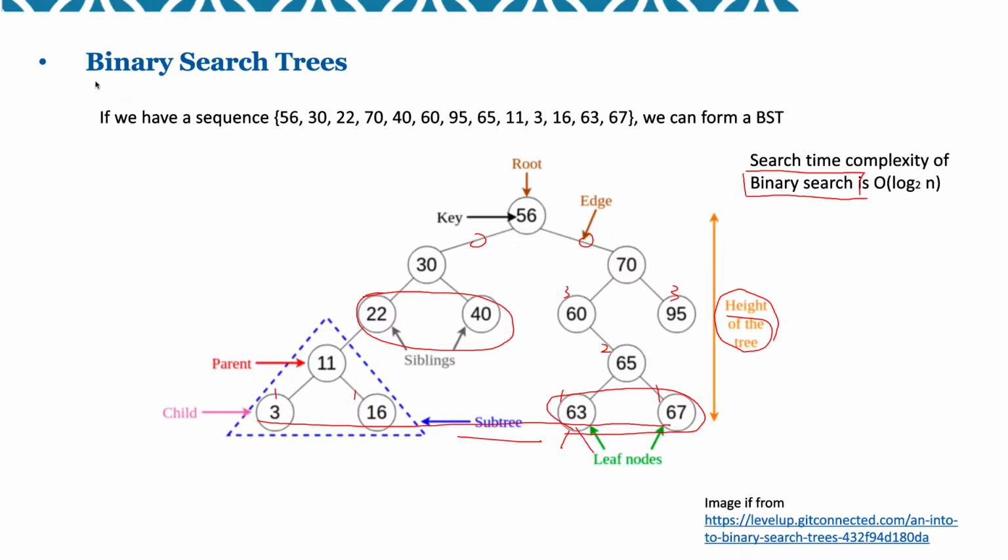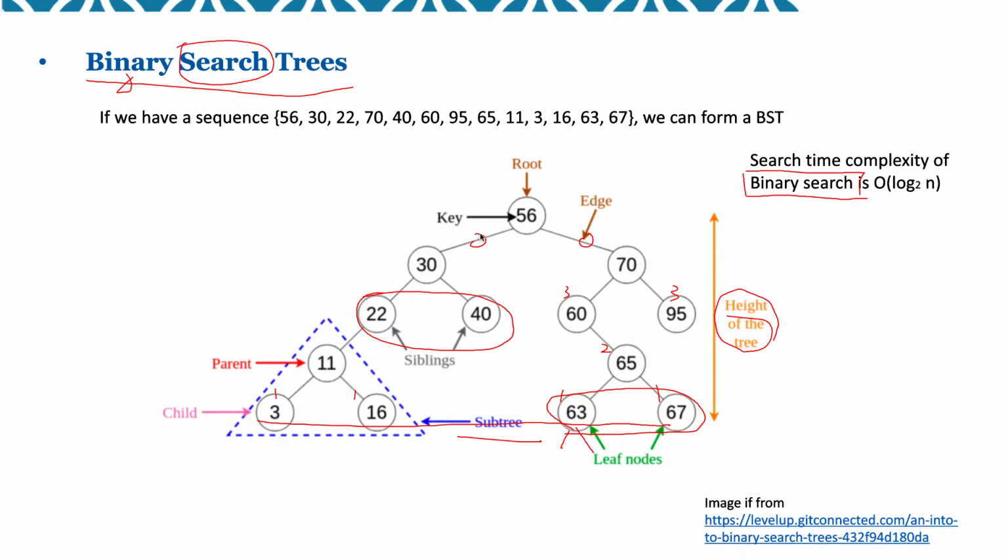It is the same with the binary search tree. You can see from the name of this kind of tree, it has search in it, which means it tries to facilitate search operations. So how do you form a binary search tree? Actually, I forgot to talk about the binary tree.